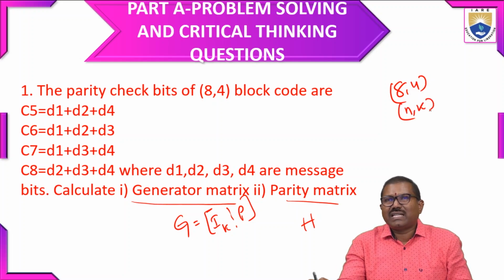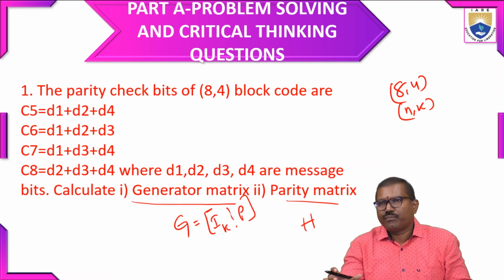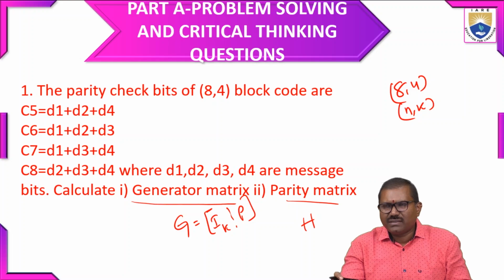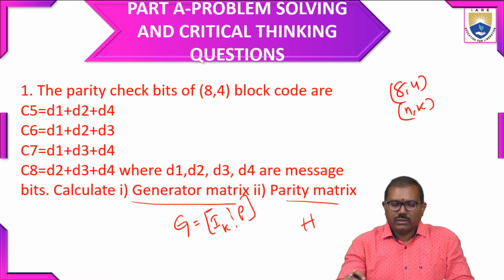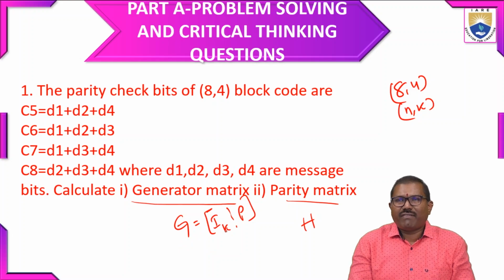N is the size of the block code, so the block code consists of 8 bits, and the message bits are 4, that is D1, D2, D3, D4. So we generate G in the form [I_K | P]. This is a systematic way.